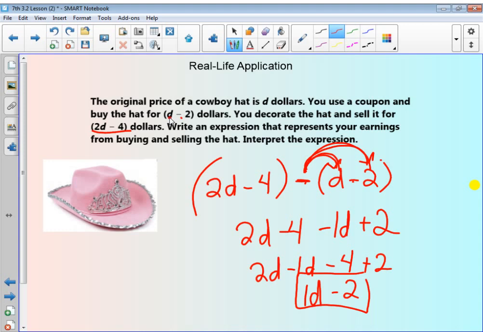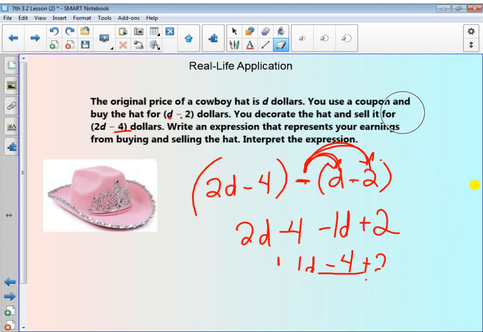But I know that I made the original cost of the hat minus $2. So if the original cost was, let's say, $15, I made 15 minus 2, I made $13 on redoing this hat and selling it. Kind of confusing, I know, but they're just trying to give us a real life application for this.